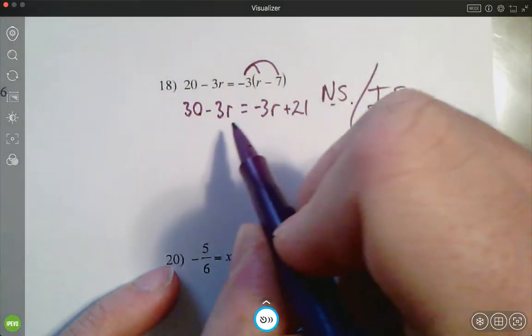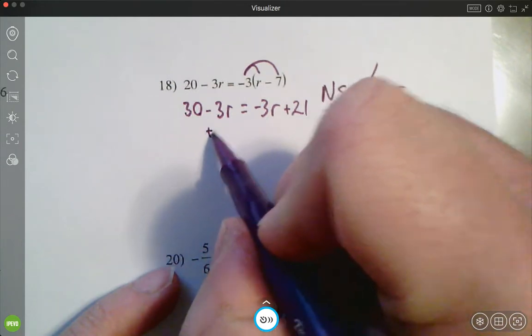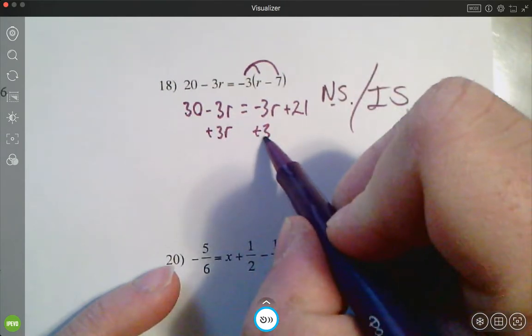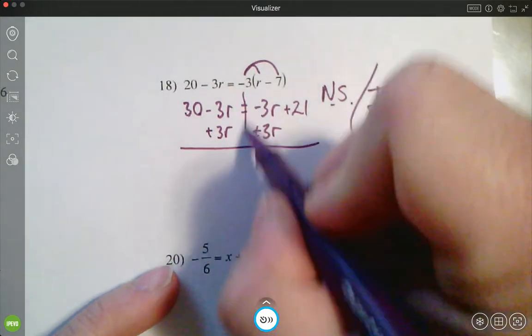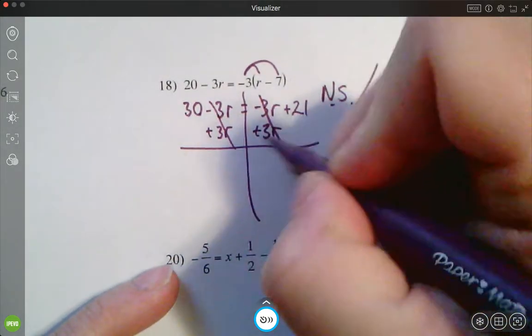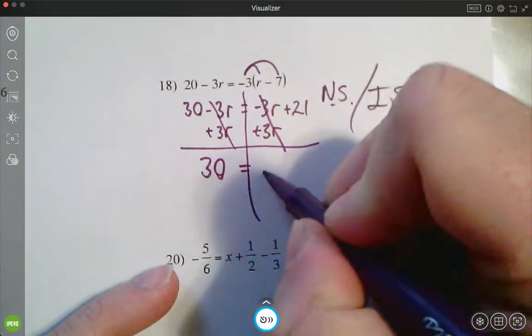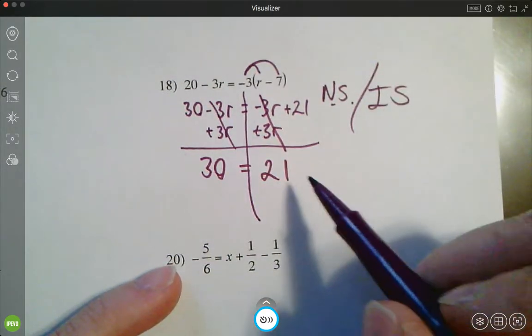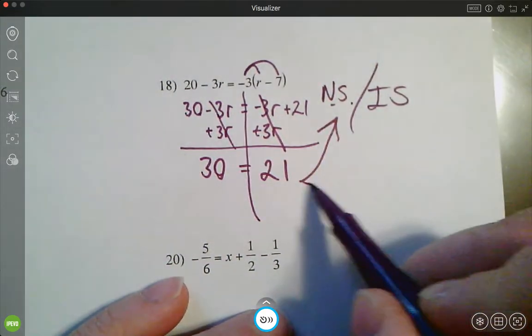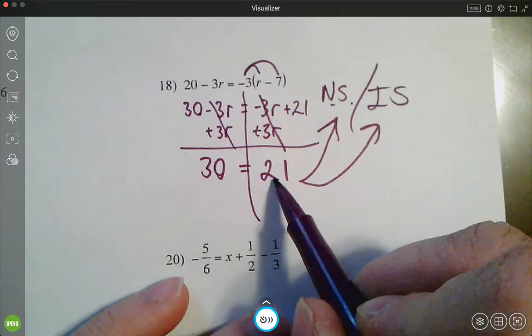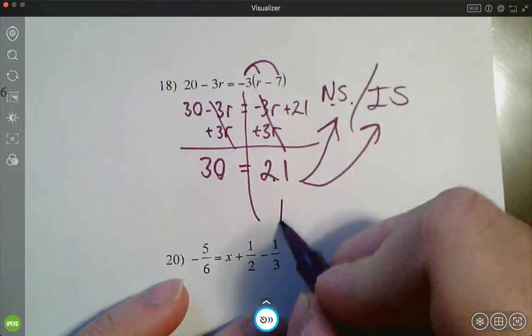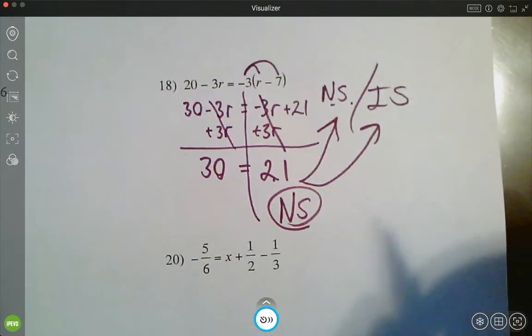Usually you get rid of the smaller variable term, but they're the same. So I'll add 3r here, add 3r here. Remember, this is like the middle of your equation. This cancels, you're left with 30 equals 21. Now the question is, is that no solution or infinite solution? Does 30 equal 21? It doesn't, so you would write no solution for that.